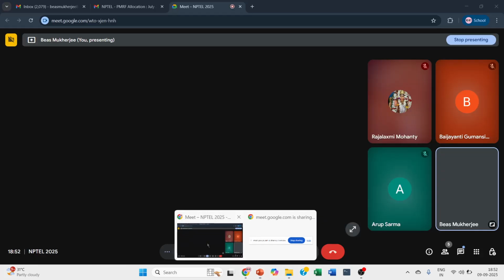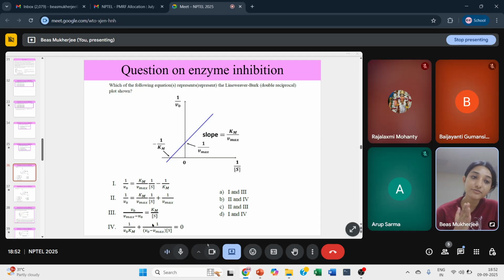Okay, now we have one more question. Which of the following equations represent the Lineweaver-Burk plot or double reciprocal plot shown? So the Lineweaver-Burk plot is given for you. Now, how are you going to tell me what 1 by V naught is equal to?